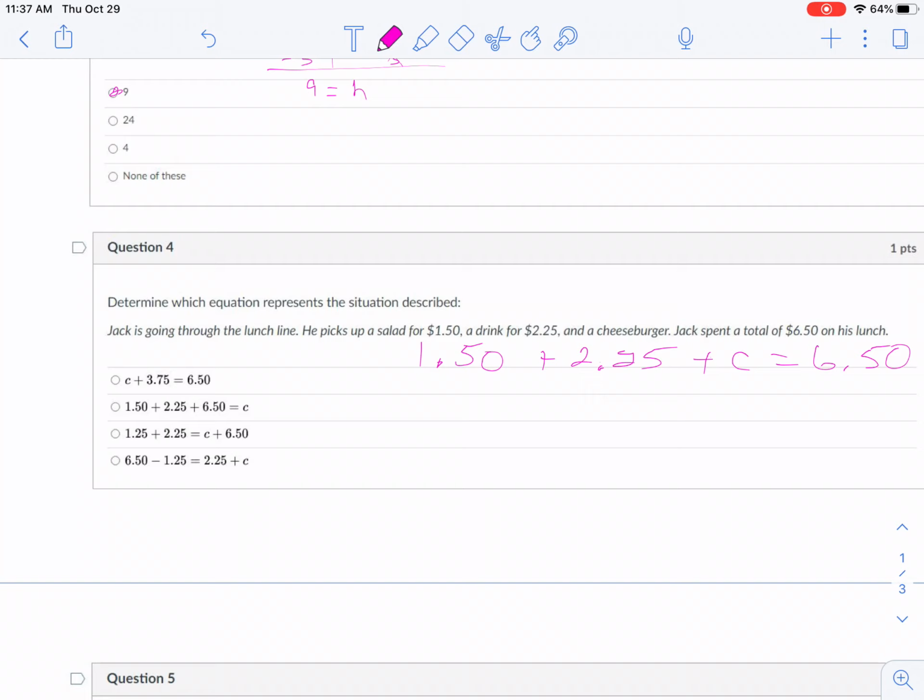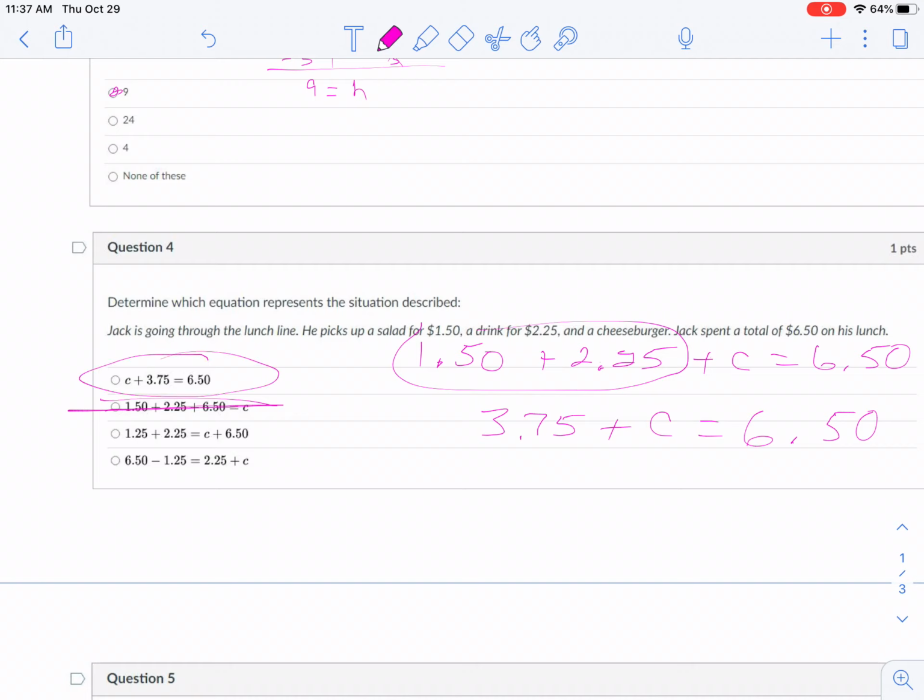$1.50 plus $2.25 plus $6.50. So it's not going to be that one because we don't know all the prices. We could add these two together, and we could get $3.75 plus C equals $6.50, which is what this one is.